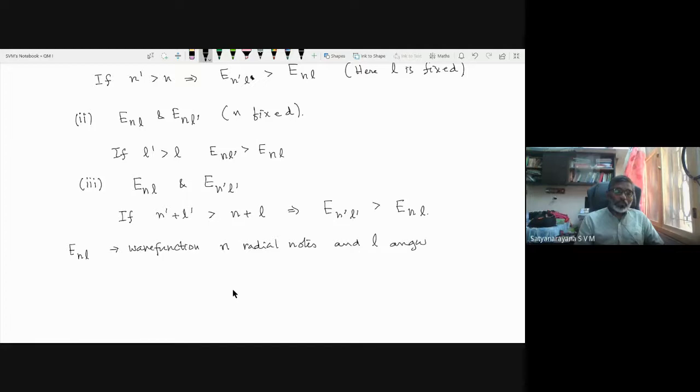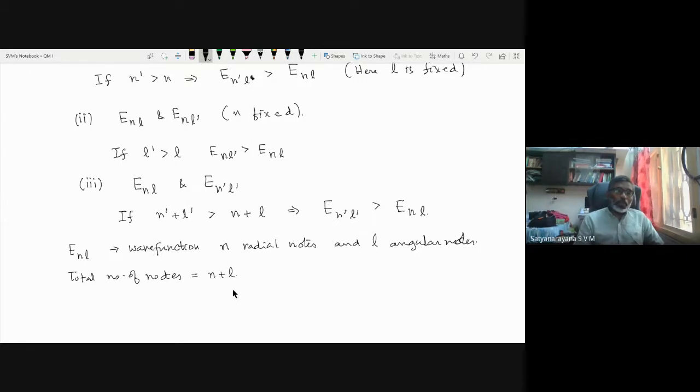These are zeros of the spherical harmonics. So the total number of nodes is equal to n plus L.